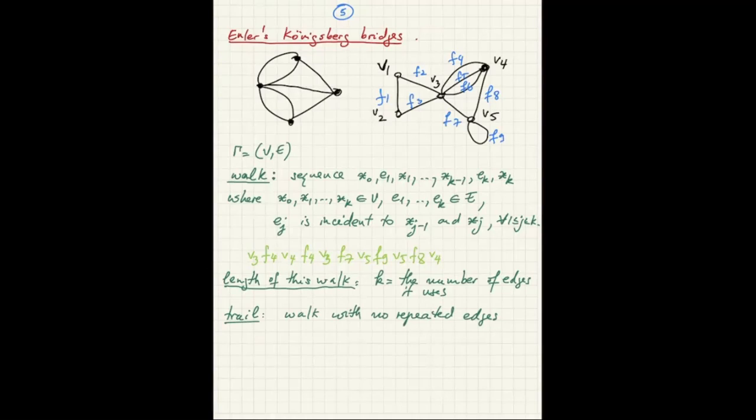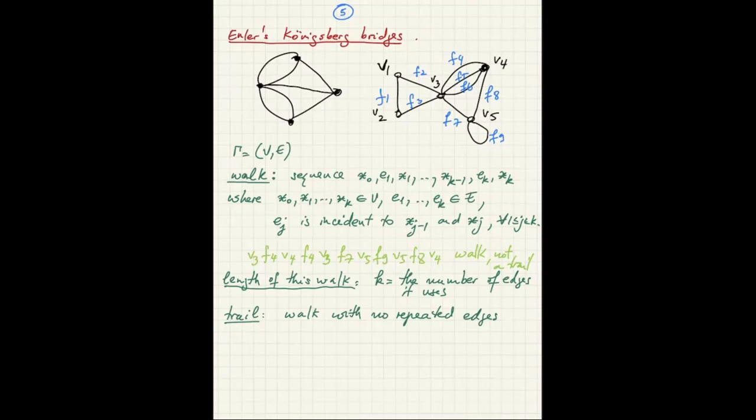Okay. So in our example, the example in light green, we repeat the edge F4. So that's a walk, but not a trail. Okay. So again, trail, think about hiking. Maybe you don't want to go back and forth to various paths, but you may end up in the same junctions multiple times.